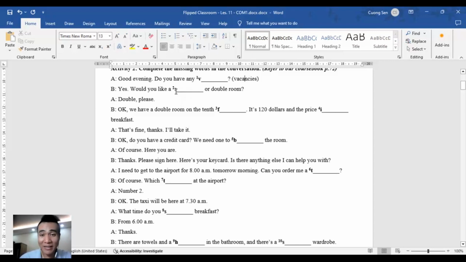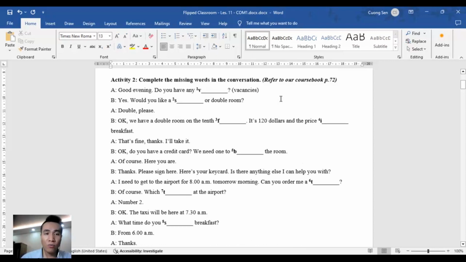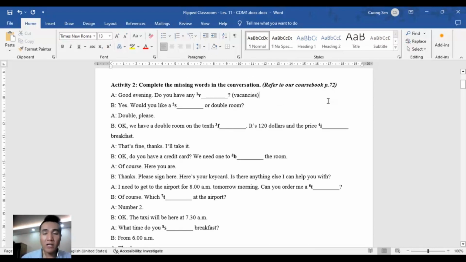I can guess this one easily, but I'll leave it to you. Try to look on page 72 and complete this task. I'll do one more for you if you find that challenging. We have: would you like something else, and double room.